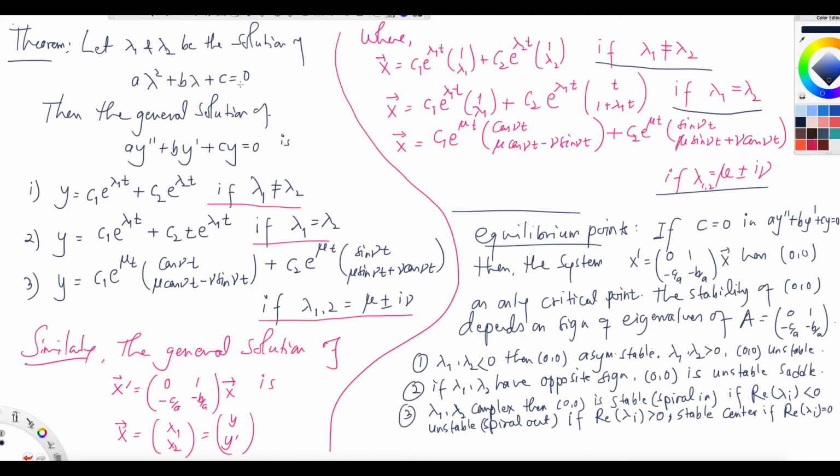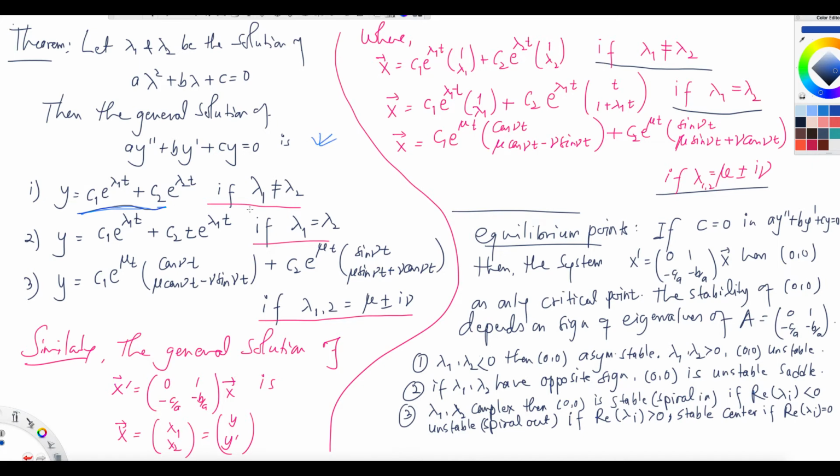So whenever you solve this equation and you get two lambda values that are real and different, then this will be the general solution.